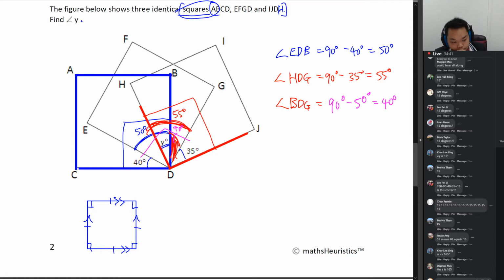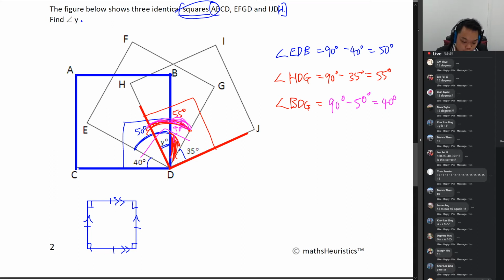Okay? So if this is 40 degrees and this whole thing here is 55 degrees, then angle y itself will just be 55 degrees minus 40 degrees. So this will give you 15 degrees over here.